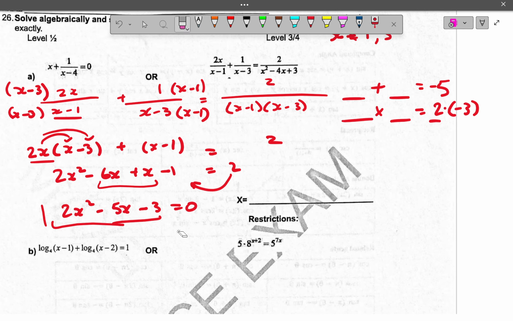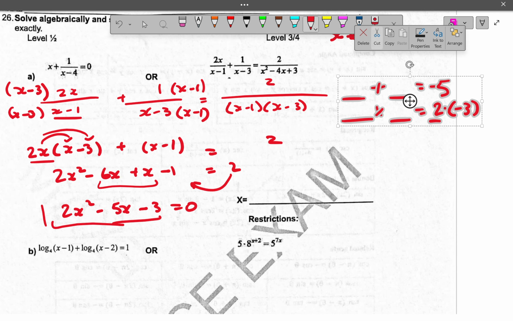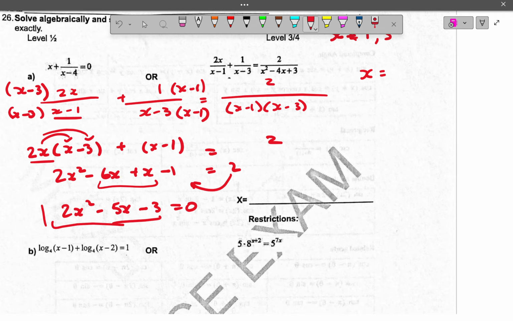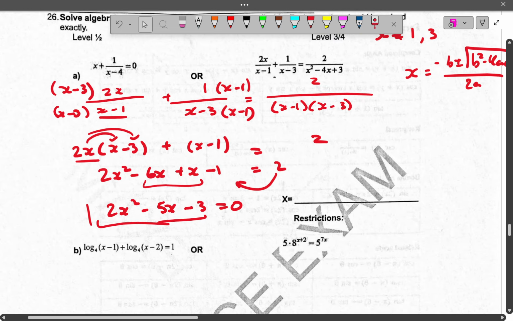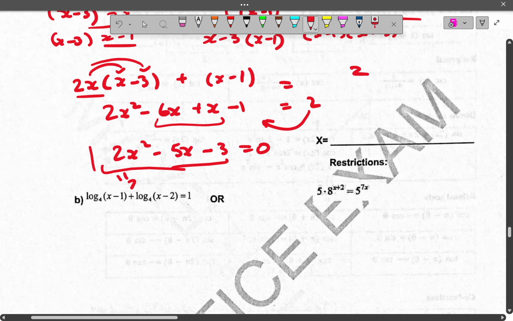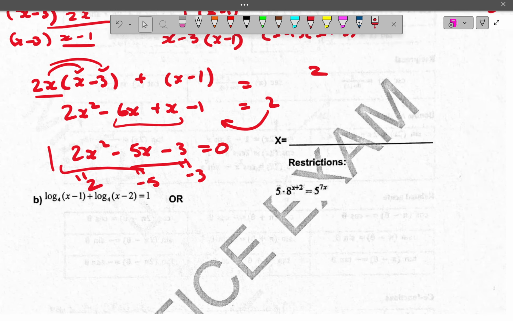But it's much easier to just find the solution by throwing it into a formula. So we're going to use negative b plus or minus the square root of b squared minus 4ac, divided by 2a. And so again, in this equation, my a is 2, my b is negative 5, c is negative 3. So we plug that in.